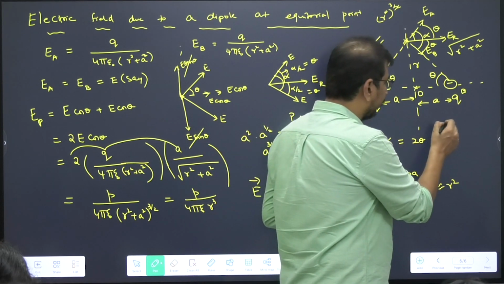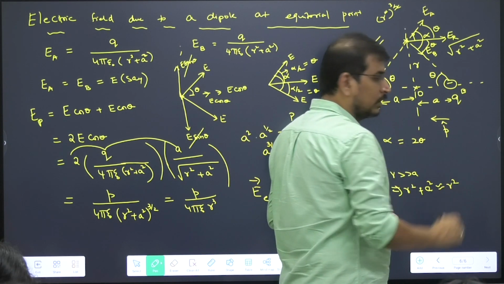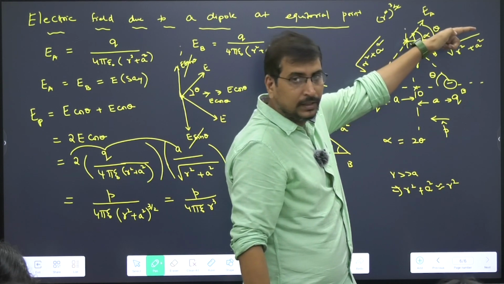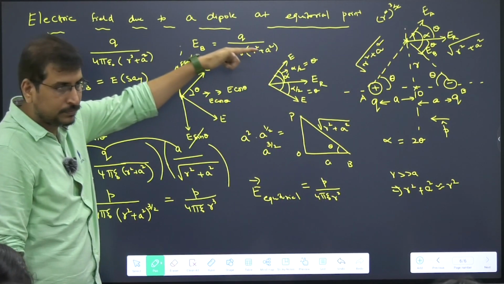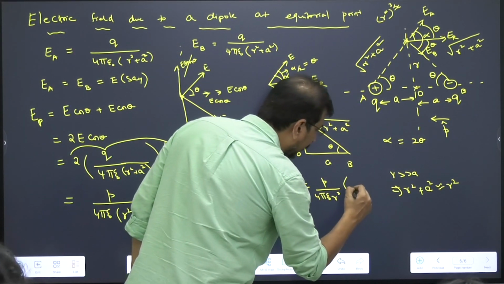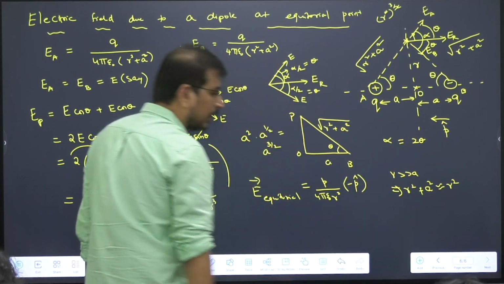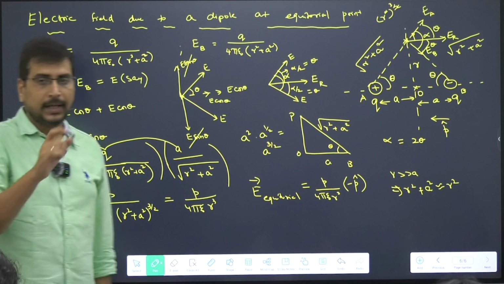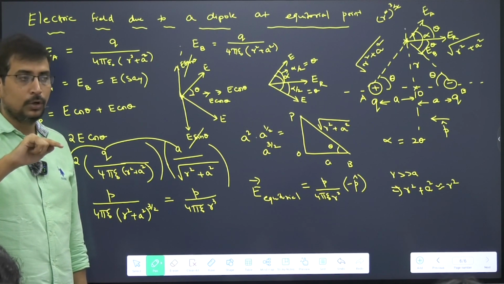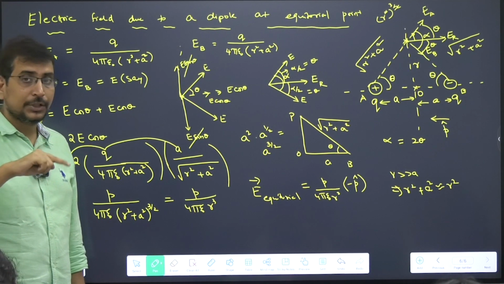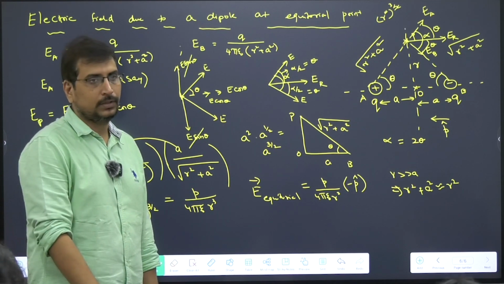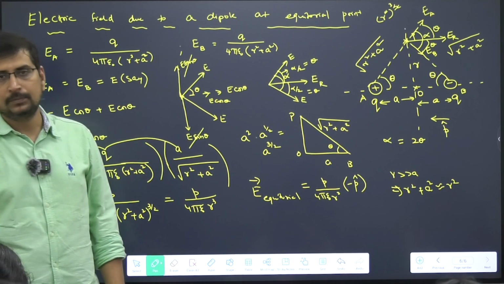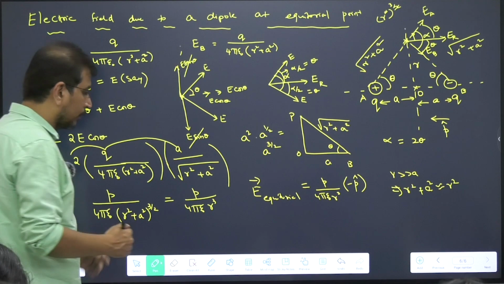Dipole moment is in the leftward direction and electric field is in the rightward direction. So this will be minus of P cap, meaning the electric field due to a dipole at an equatorial point is always in the direction opposite to the dipole moment.